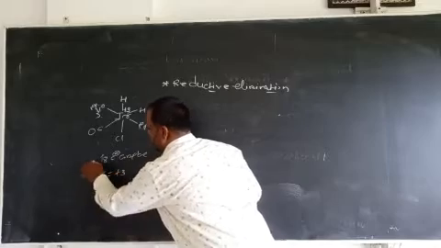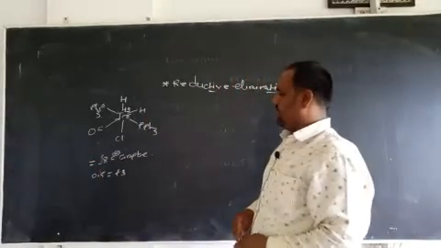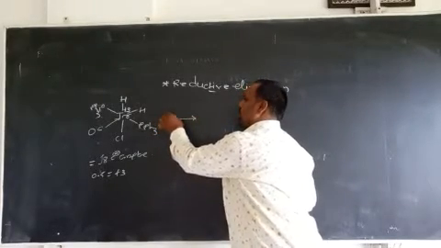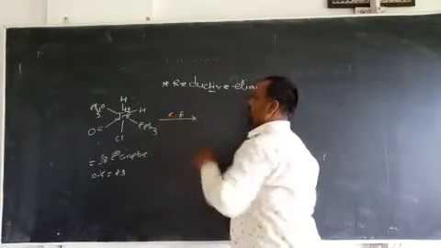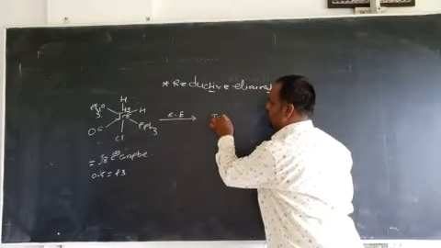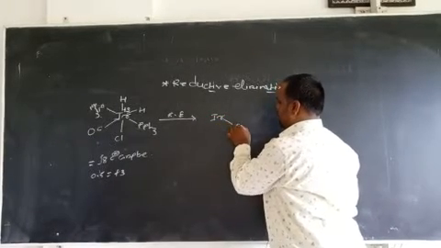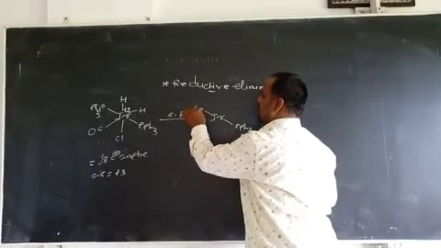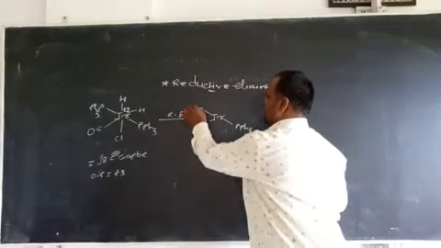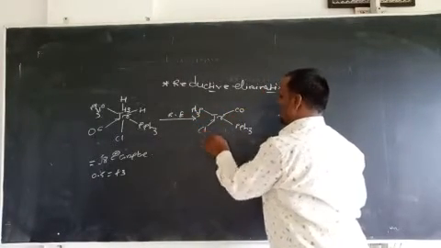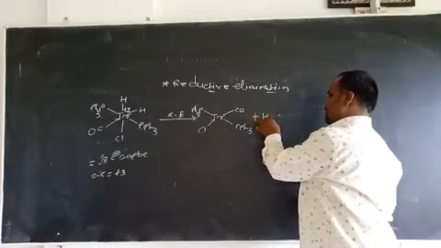Electron count 18, an 18 electron complex, which undergoes a reductive elimination reaction to give a product, that is Ir(PPh3)2(CO)Cl plus H2.